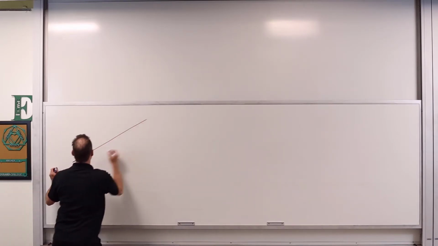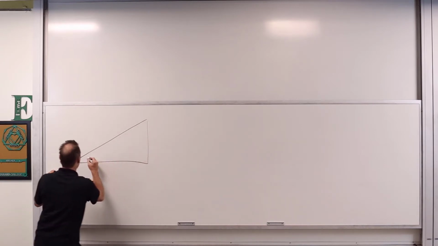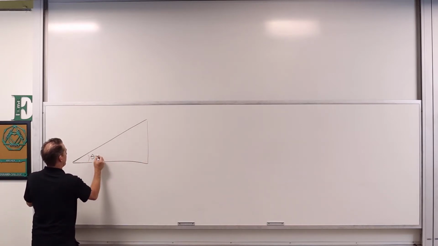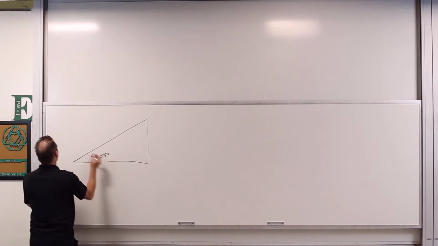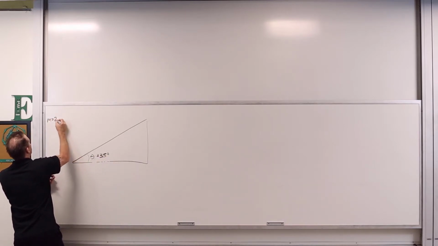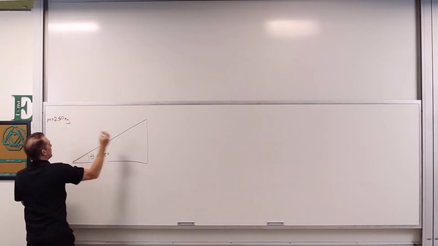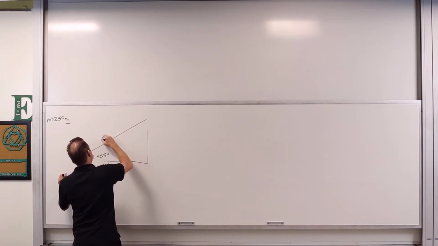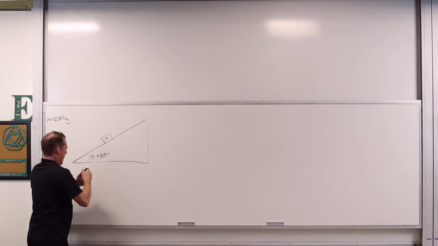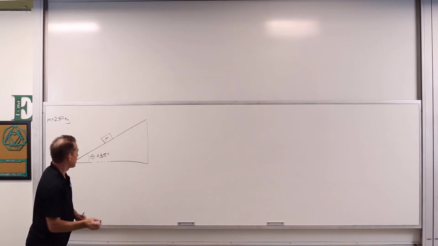All right, so here we go. We'll take our system here. We've got theta for the incline is 35 degrees. The mass that we're attaching is 2.50 kilograms. We'll stick the mass on here, and attach a rope to it too.